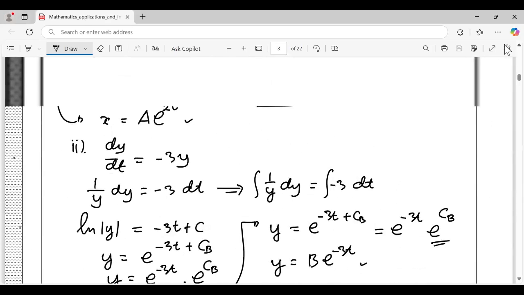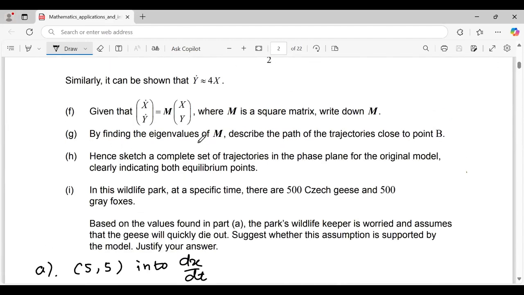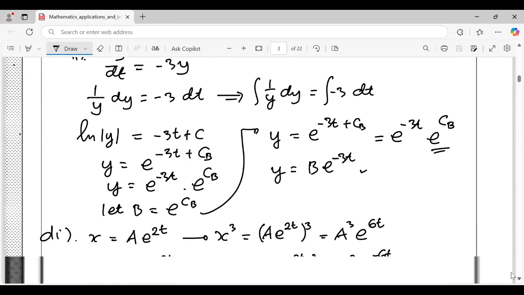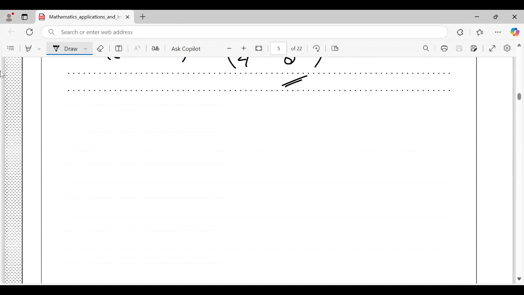Okay, next question. Part G. By finding the eigenvalues of M, describe the path of the trajectories close to point B. To find the eigenvalues of matrix M, we are going to start with the determinant of matrix M minus lambda times the identity matrix.